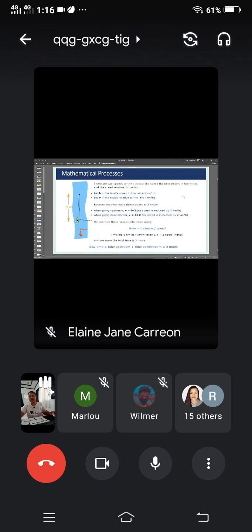So, this is now the solution. Don't worry, I'll send this PowerPoint to you. So, there are two speeds to think about. If you are going to pass via land, we will let v be the speed relative to the land, that is kilometers per hour. But of course, our problem is about the river.